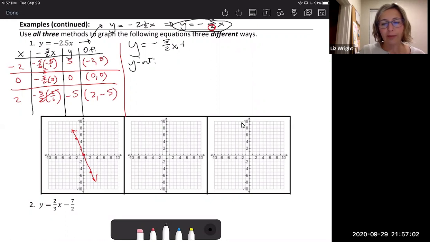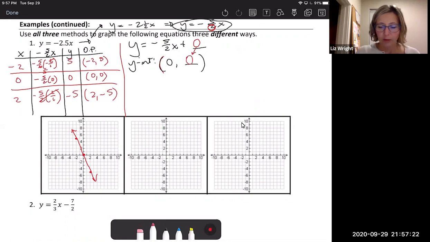Normally we have something over here that would be the b. So what is it? It should be 0. If it's not showing up, it's going to be 0. Our y-intercept 100% of the time is always going to start with 0, something. This time our something is 0, so that's my y-intercept at 0, 0.